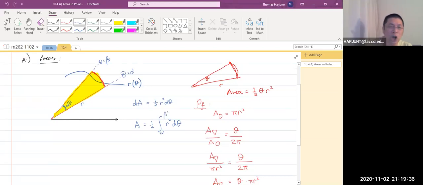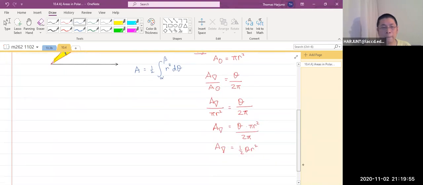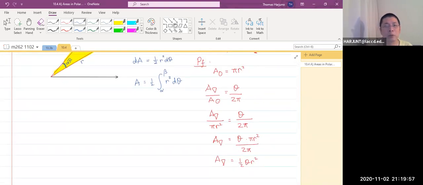Of course, the r here is a function of theta. Now, with that said, let's do problems right away. That's the formula, right? Box it.